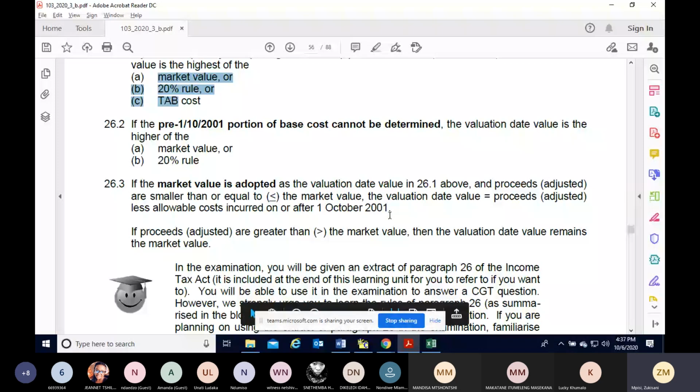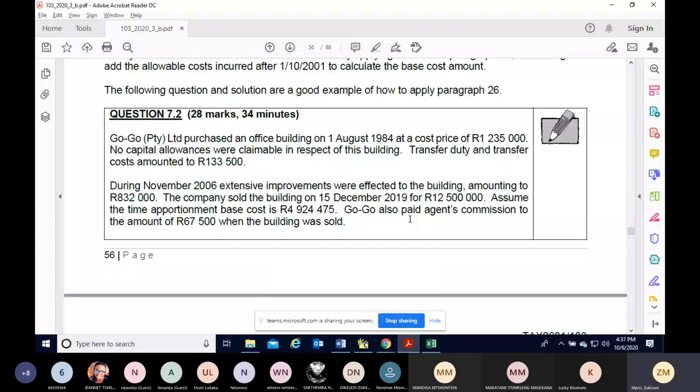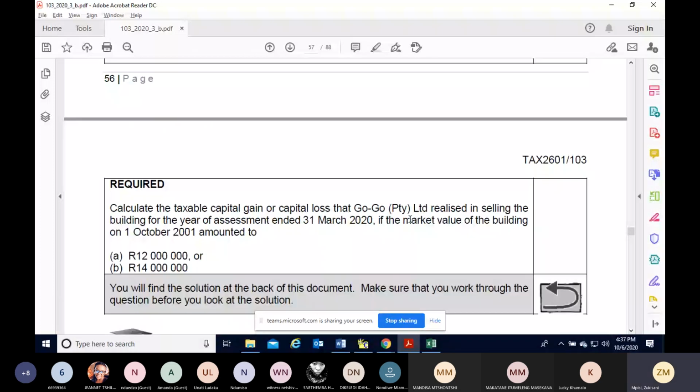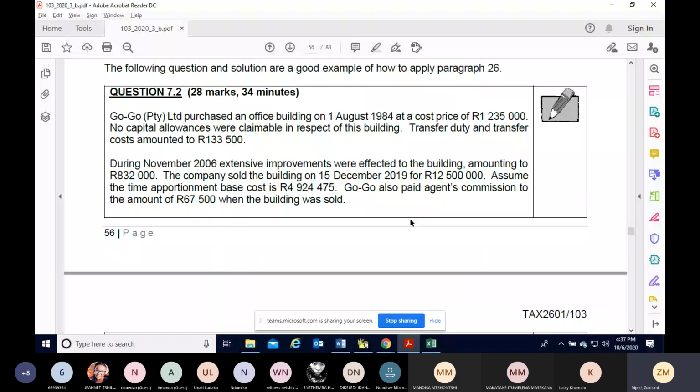So we are going to do this question 7.2 to try now and apply this information that I've just given you. All I'm requesting is, if you need a leg stretch, you may take it. Have 3 minutes to read question 7.2.